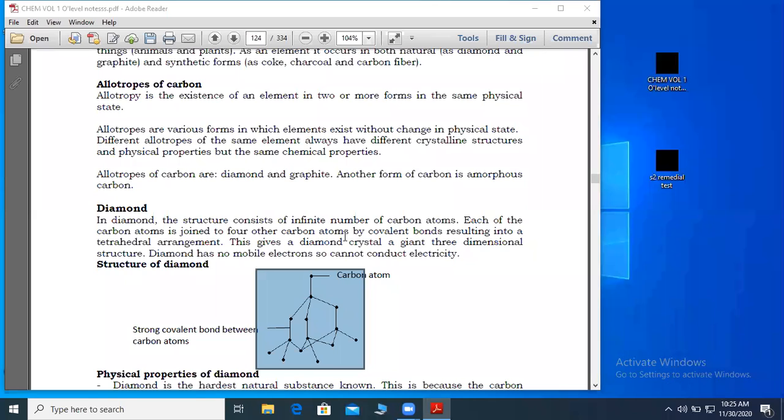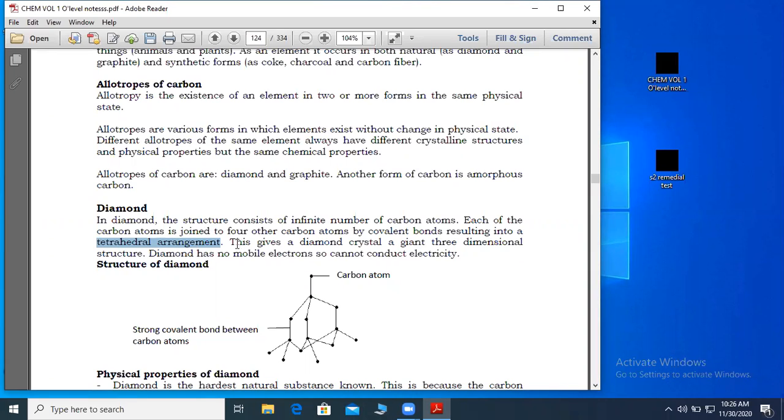Having known, when we were looking at structure and bonding, carbon also came in with formation of covalent bonds. We said when you write its configuration, it has 4 electrons in the outermost shell. That means it should always have 4 bonds. So each carbon atom is joined to 4 other carbon atoms by covalent bonds, resulting in a tetrahedral arrangement.